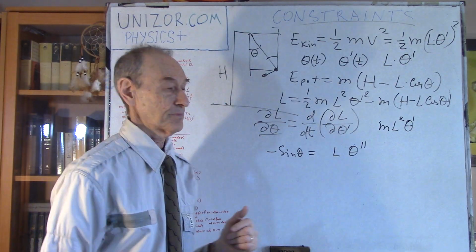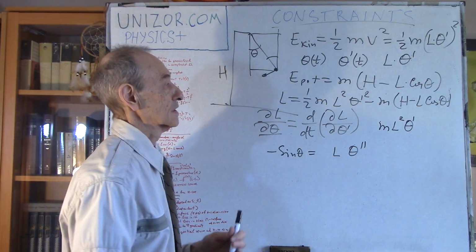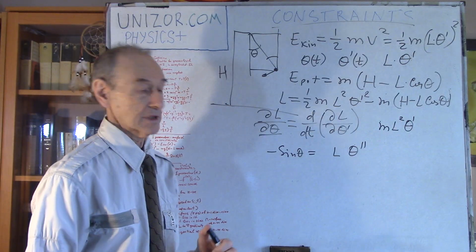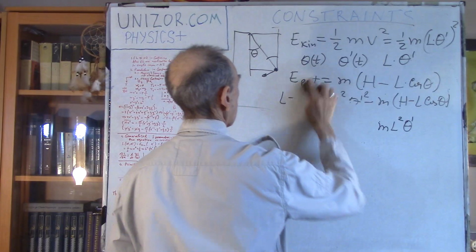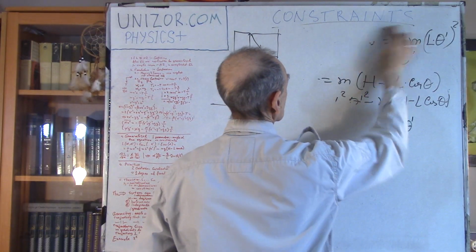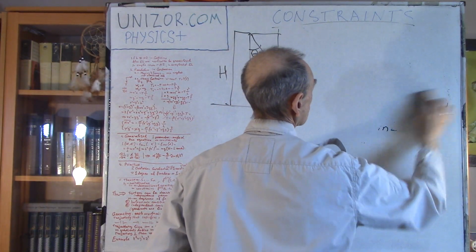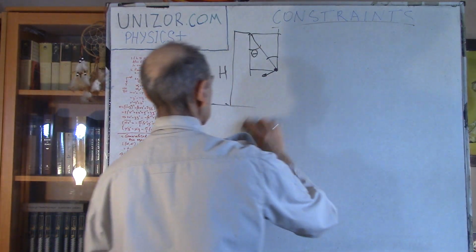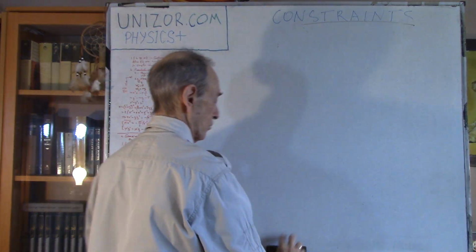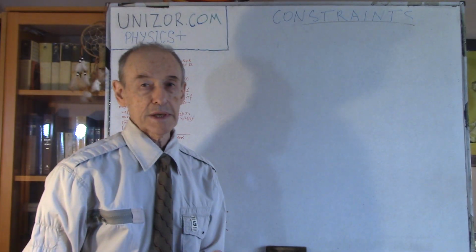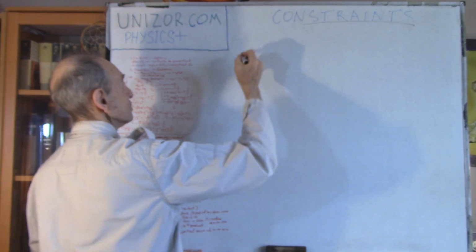That's what it is. Now, let me try to generalize whatever I was talking about in this particular case. Consider you have a space, let's say three-dimensional space, and one particular point mass is moving in the space. And let's consider that there is one constraint.